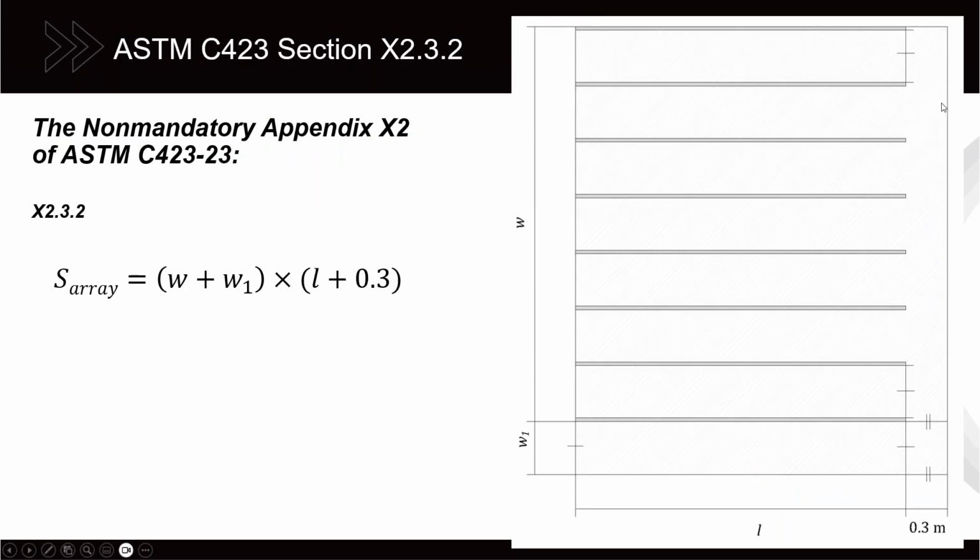Similarly, we have the measured width of the array, and then we add the distance between objects to the width.